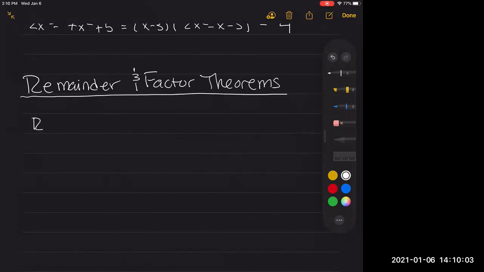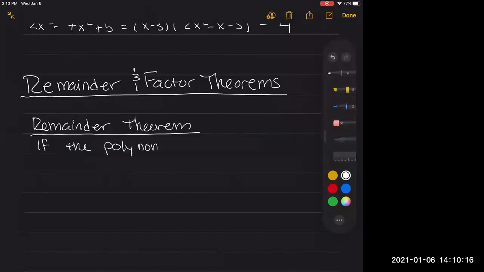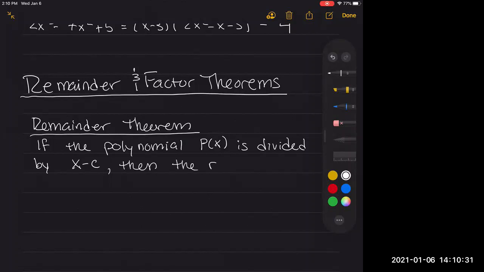So the remainder theorem is as follows. If the polynomial p of x is divided by x minus c, then the remainder is the value p of c.